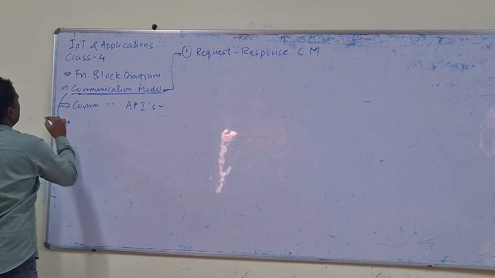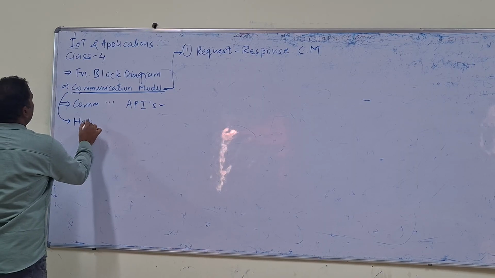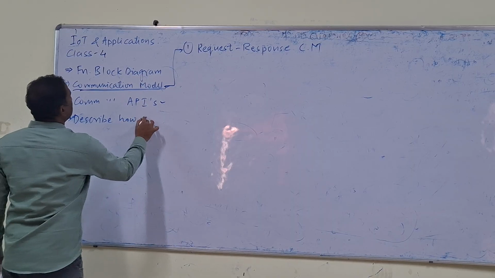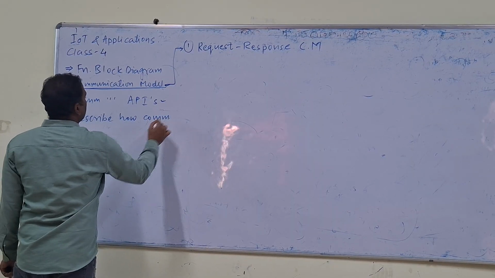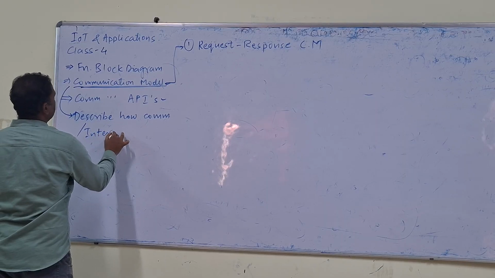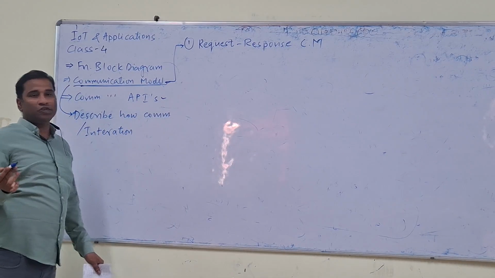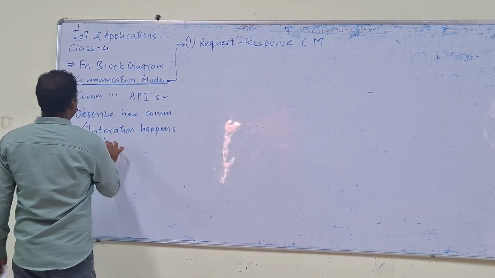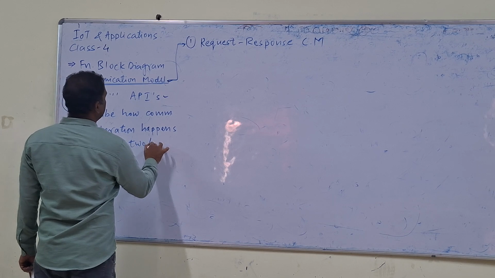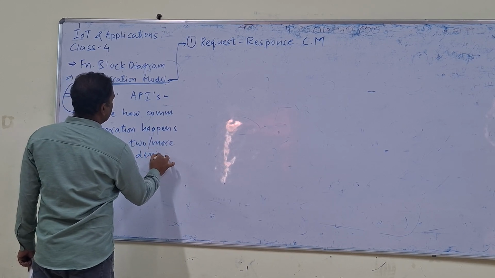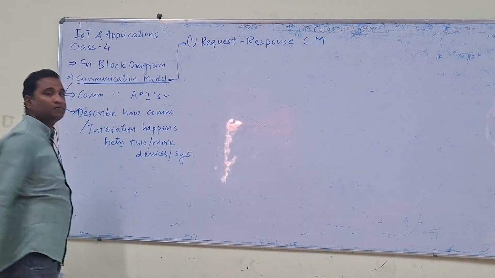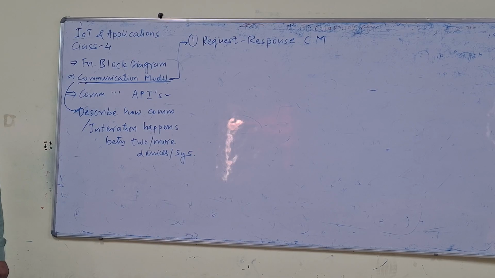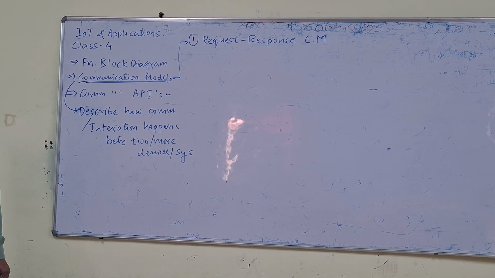The communication models describe how communication or interaction, that is exchange of information, happens between two or more devices or systems. How they interact, how they communicate, how they exchange the data or information.